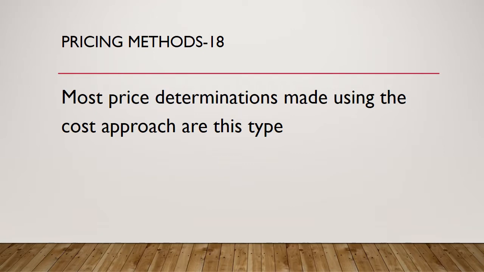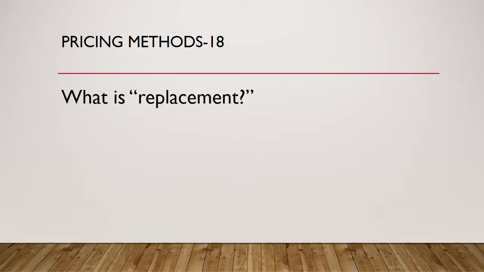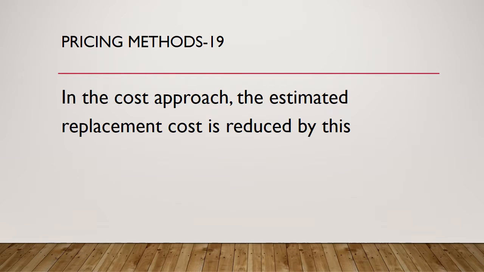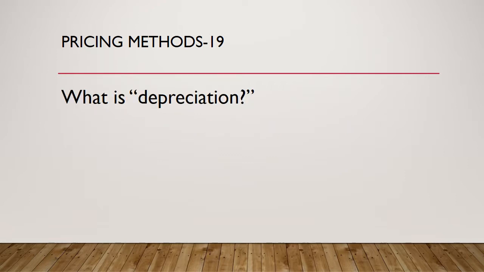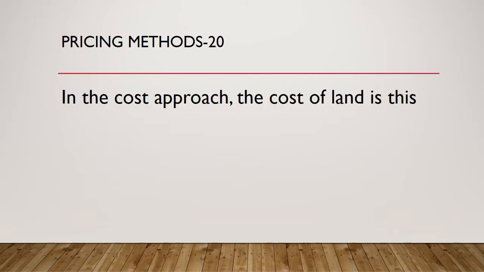Question 18. Most price determinations made using the cost approach are this type. What is replacement? Question 19. In the cost approach, the estimated replacement cost is reduced by this. What is depreciation? Question 20. In the cost approach, the cost of land is this.